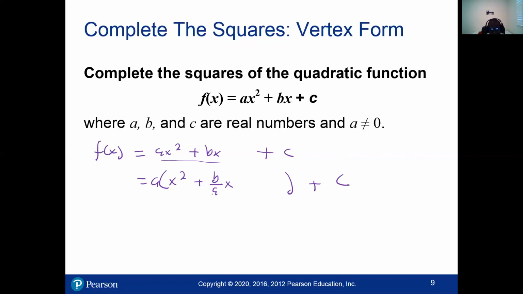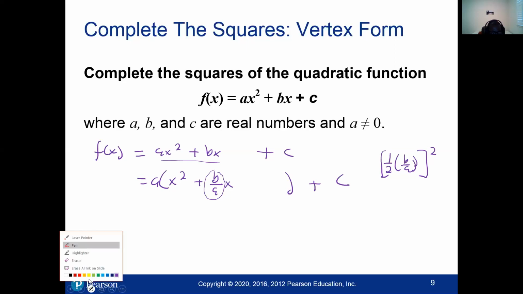Now what we do is that we're going to look at this part. We'll take half of that and square. So half of b over a, and then we square this whole thing. That's the quantity that we're going to add. So if we simplify this, this will be b squared over 4a squared.